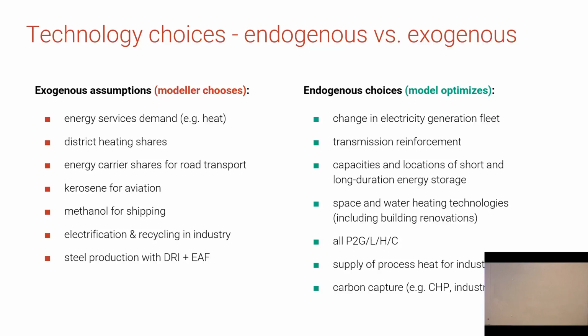All the supply of process heat for industry, and all the elements related to carbon capture, right? Do I do direct air capture, or do I capture CO2 from point sources such as combined heat and power? And then, in general, the need to supply the demands in every sector, plus the global CO2 constraint, is what is taking the decision. Yeah?